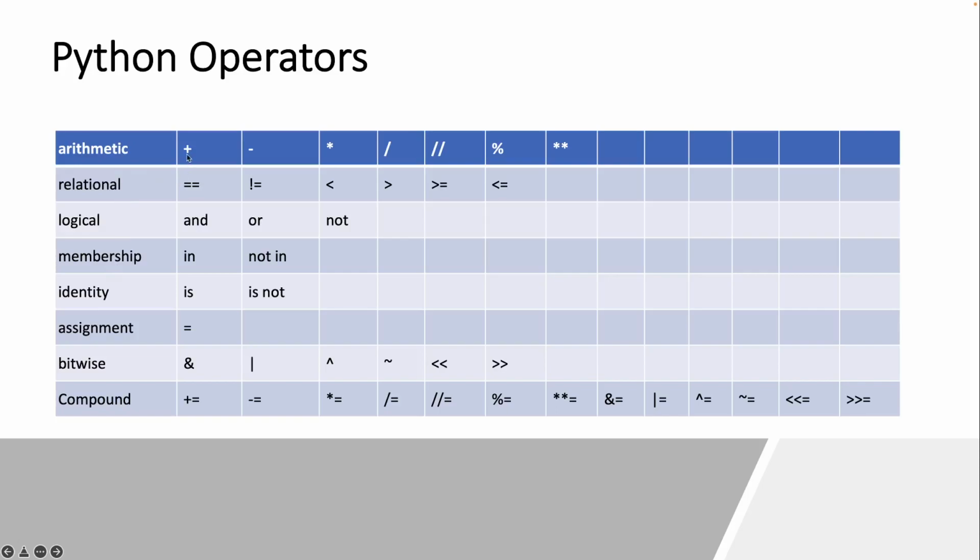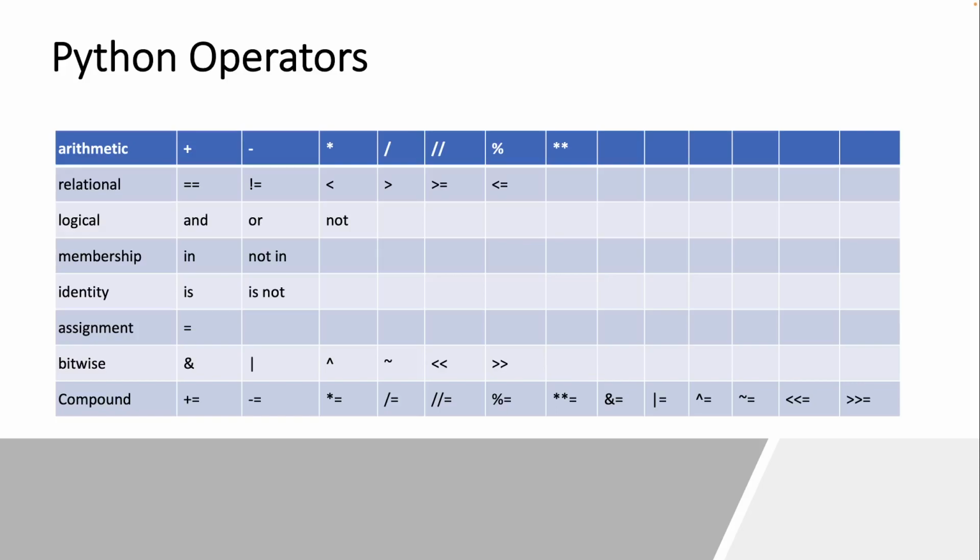Suppose plus is addition, so a plus b is addition. You are adding a and b, right? 2 plus 3, what is 2 plus 3? It is 5. What is the operator here? The operator is plus, a symbol which acts on two operands.